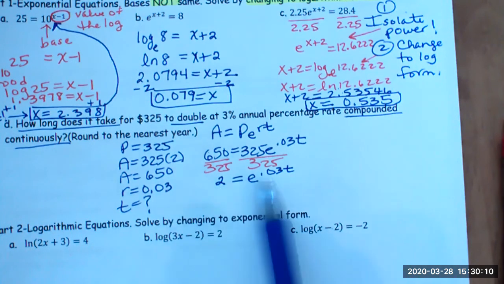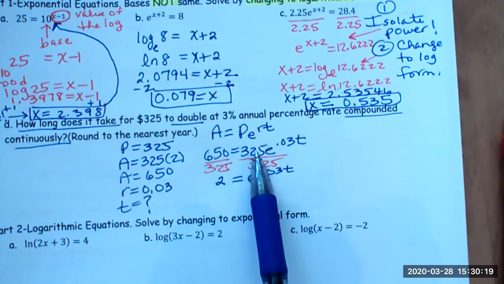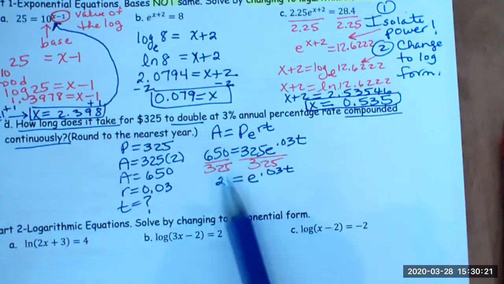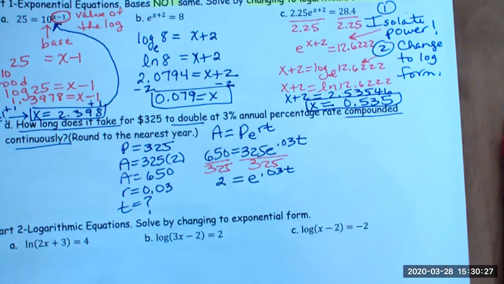It's going to take the same amount of time regardless, because I could have put, for example, 1,000 as my final amount and 500 as my principal. 1,000 divided by 500 would have given me 2. It doesn't make any difference. So to double, I put a 2 here. To triple, I put a 3 here, and so forth.